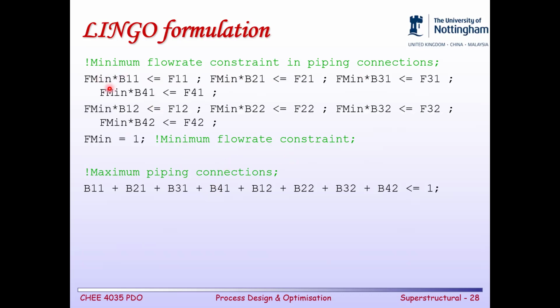Fmin is equal to 1. And also you can include this. So this first set of codes here is for the minimum flow rate, and the second set of code is for the piping.